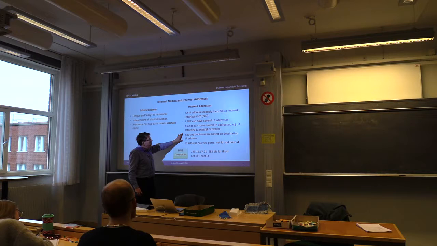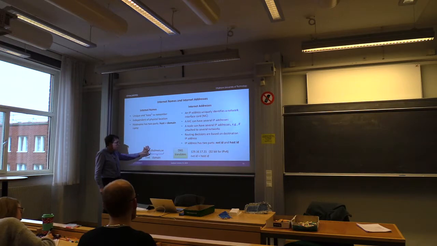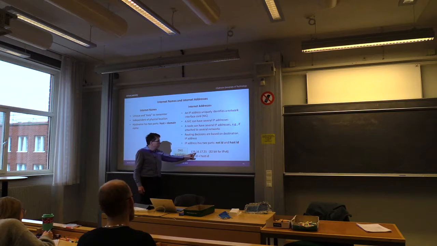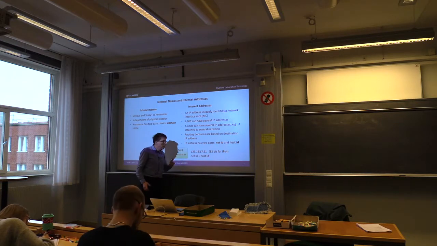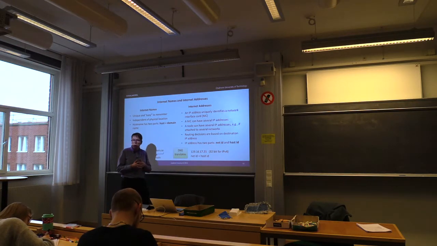And routing decisions are based on these IP addresses. IP addresses have two parts, just as internet names have two parts. It has a network identifier and a host identifier, and where the boundary between these goes is variable. Okay?